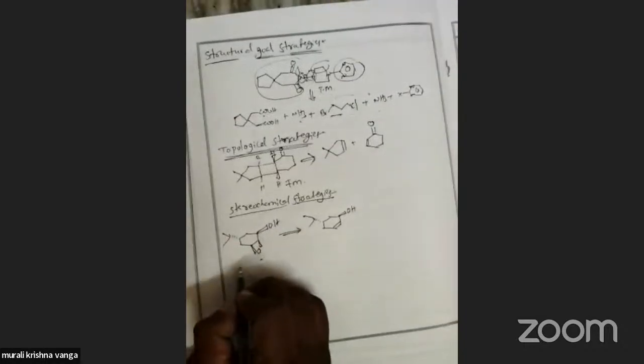Next one is functional group oriented strategies. Fifth one is functional group oriented strategies.